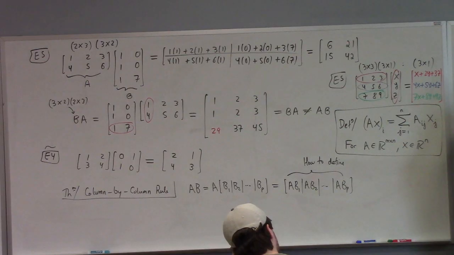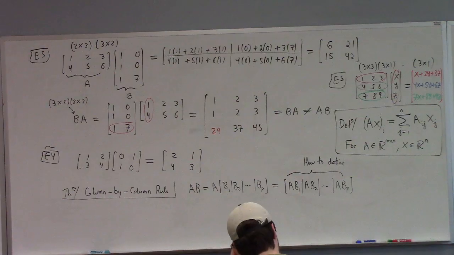Times a 3 by 2, so we expect the answer is a 1 by 2, right? So the way that works is we do 1 times 4 plus 2 times 1 plus 3 times 1, comma, 0 times 1 plus 2 times 1 plus 3 times 1, which of course is whatever that is, 9, 5, right? So this is a row times a matrix gives us another row.